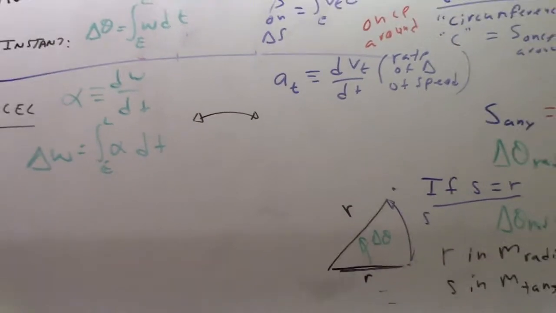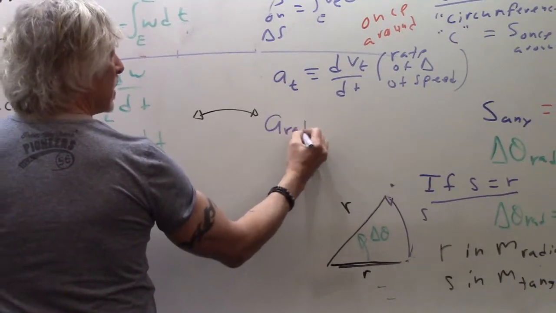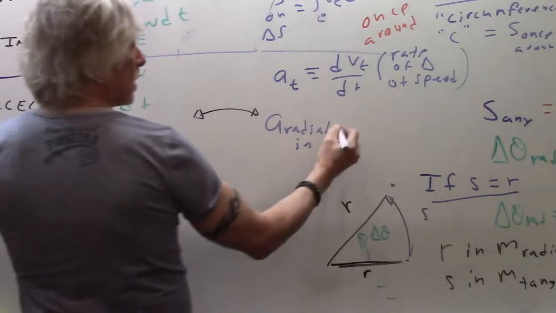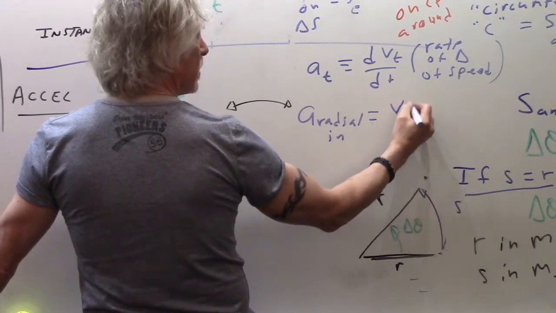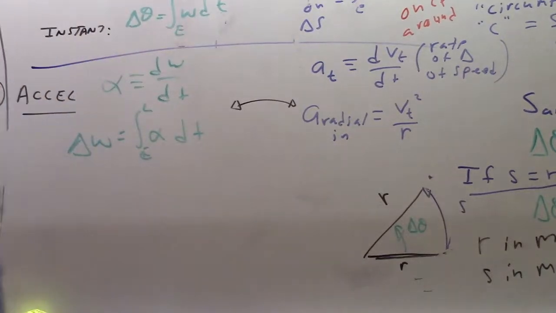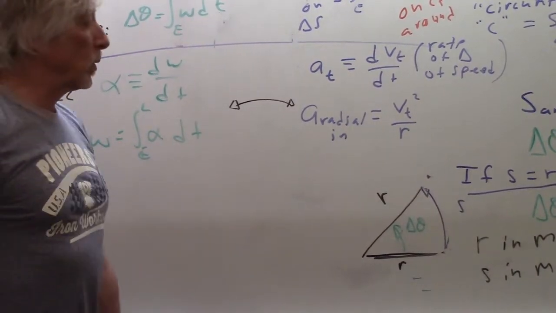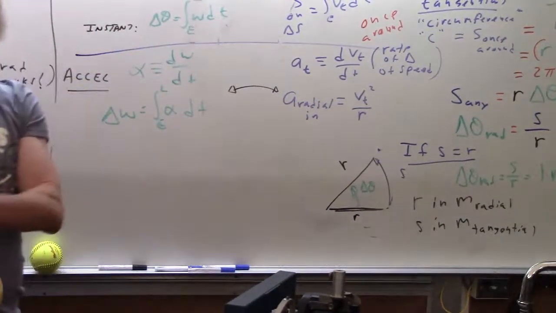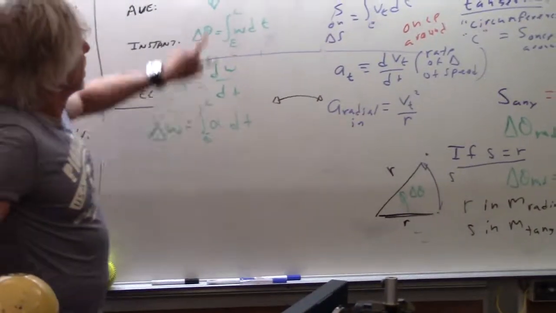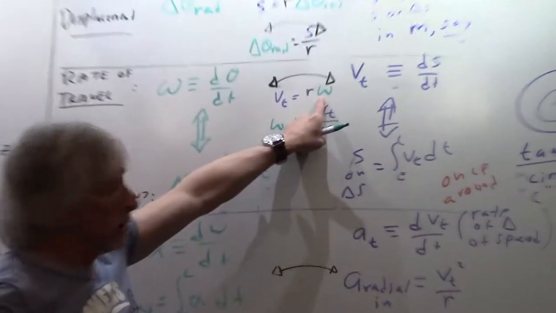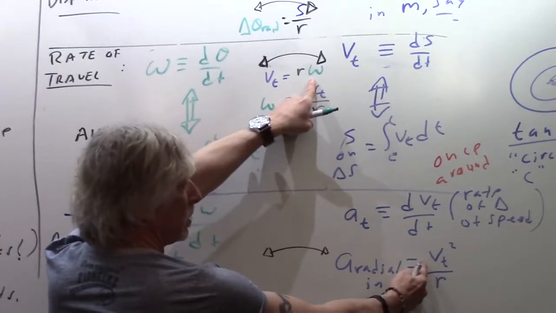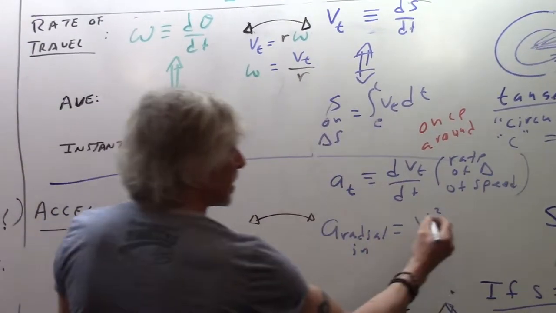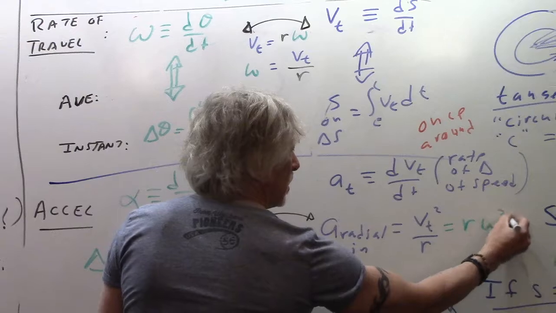And remember that a radial, or inward, is equal to the speed squared over the radius, which gives you, if you look at the units, meters per second squared, which sometimes we will write, let me see, V tangential is R omega, so R squared omega squared divided by R, which is R omega squared. So I can think of that as R omega squared.